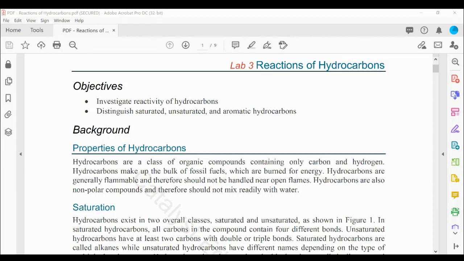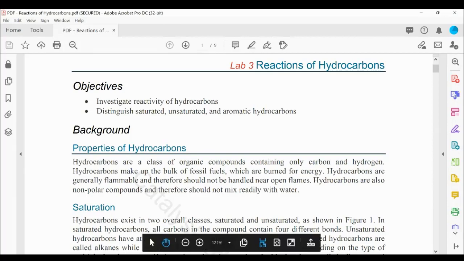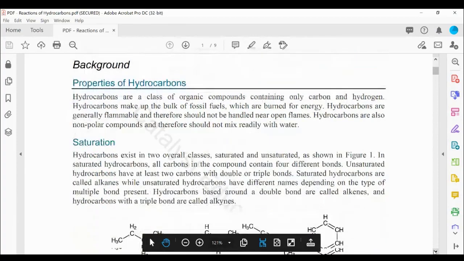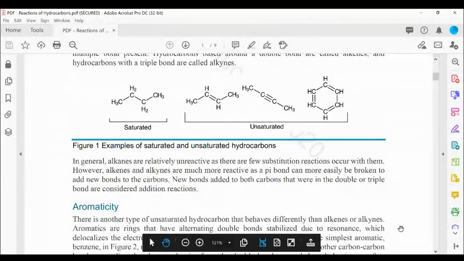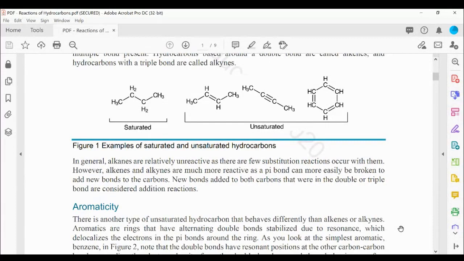In the examples of the write-up, in these examples that are shown here, we see that the carbon atoms in saturated hydrocarbons, this is a saturated hydrocarbon, have all 4 single bonds.